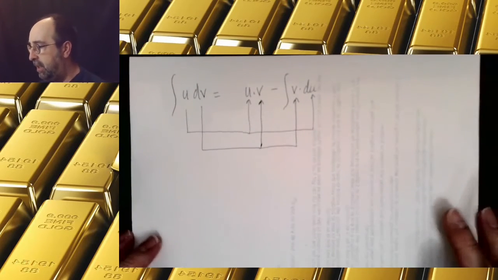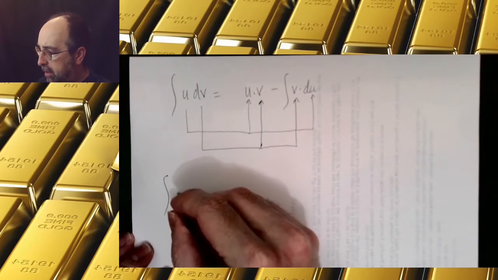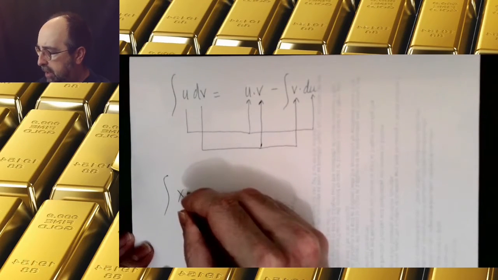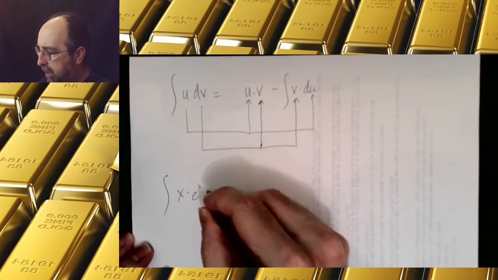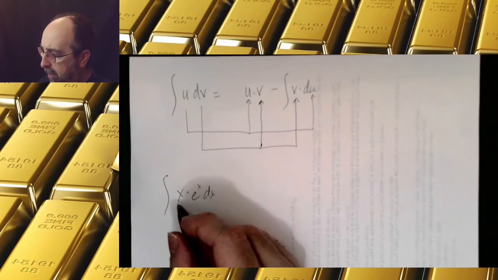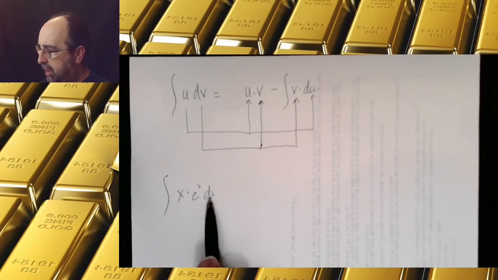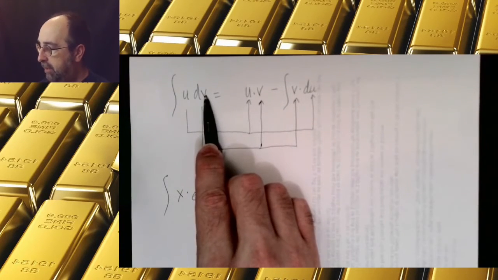So by way of example, if I was given a problem like the integral of x times e to the x dx, I could see possibly the x as something like the u, and the e to the x dx as something like the dv.